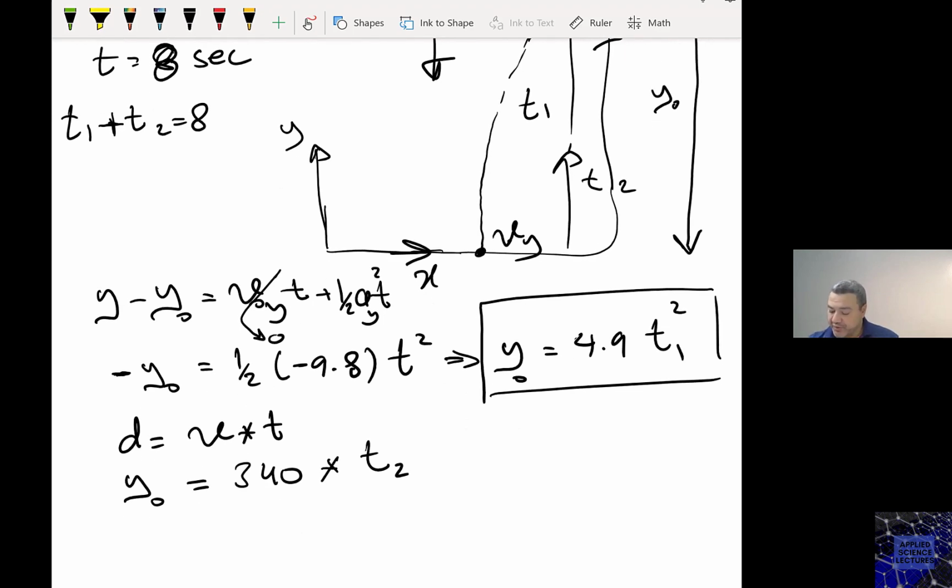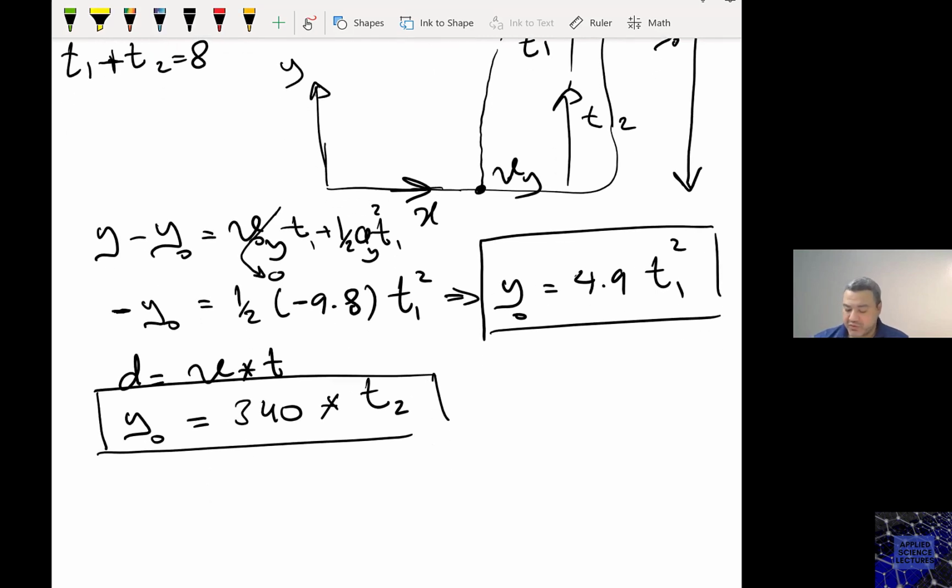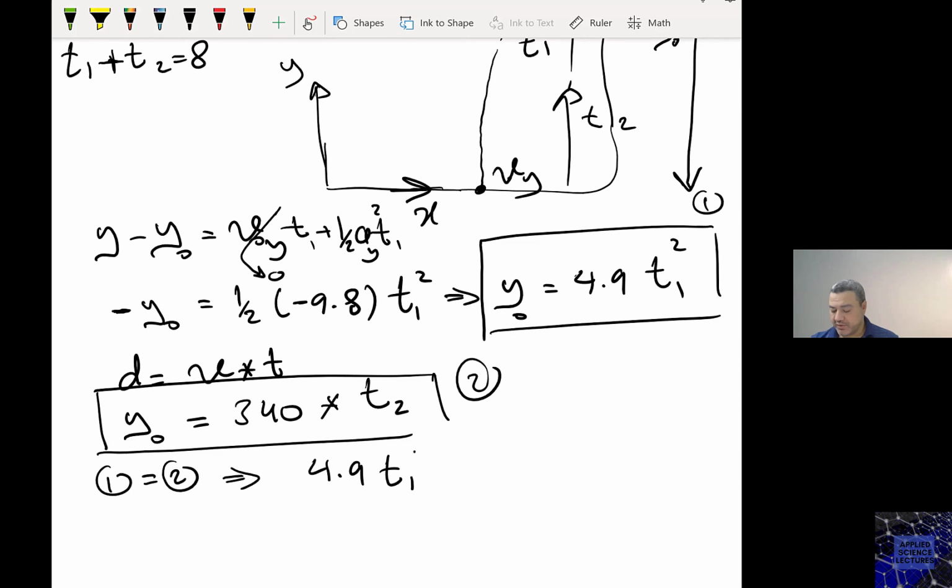So here I have T1, which is due to the kinematics, and this one is T2. Now by equating those two equations, I call this one 1 and this one 2, 1 equals 2, then I have 4.9 T1 squared equals 340 T2.